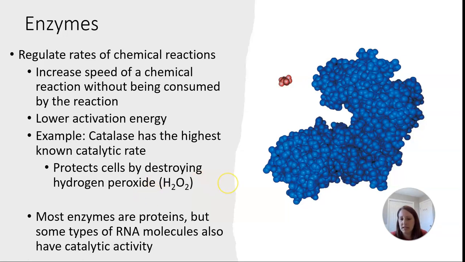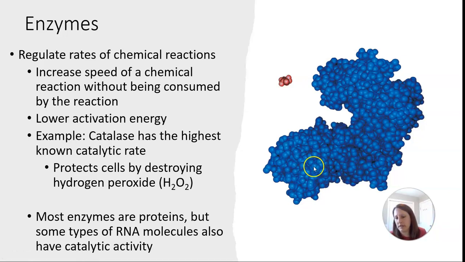Most enzymes are going to be proteins made of amino acids, although there are some types of RNA molecules that also display catalytic activity. So when we talk about enzymes, we're usually talking about proteins, but just keep in the back of your mind that there are some RNA molecules that function as enzymes as well.